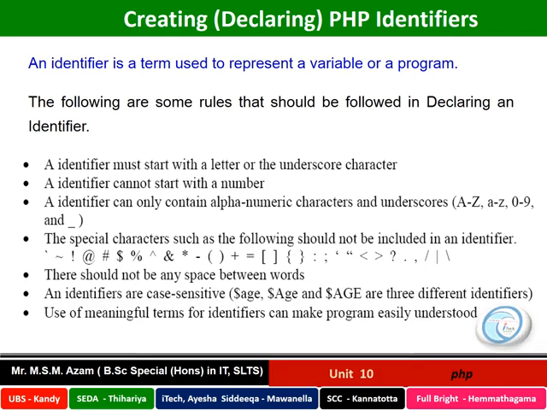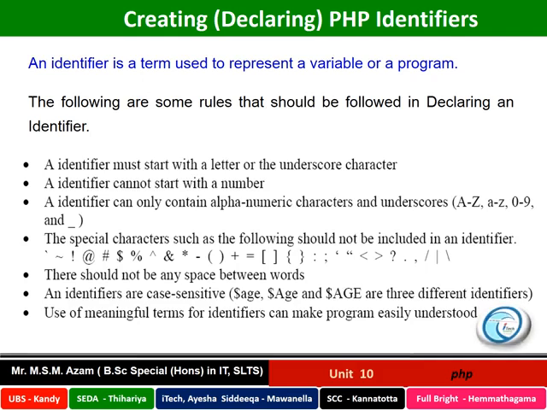Next, identifiers are case sensitive. That means when you declare identifiers with capital and simple letter differences, they are taken as different identifiers. Later on, we will discuss that we have to declare an identifier with the $ mark first.